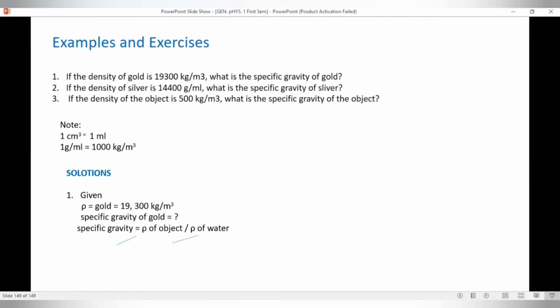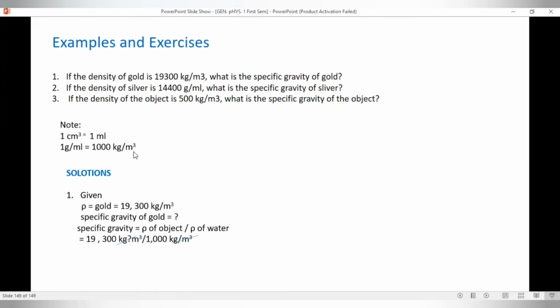So by using the mathematical expression of specific gravity, density of object over density of water, by substitution, the density of the gold is 19,300 kilograms per cubic meter all over 1,000 kilograms per cubic meter, since the density of water is 1 gram per ml, which is also equal to 1,000 kilograms per cubic meter.